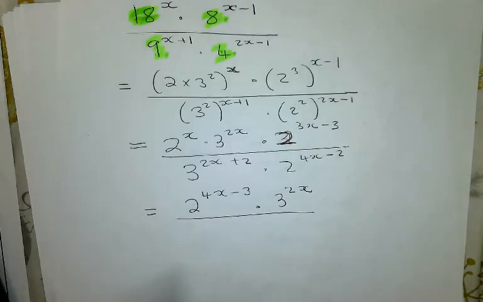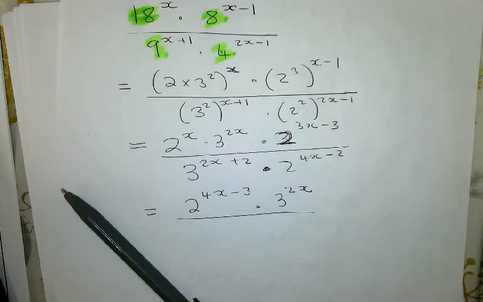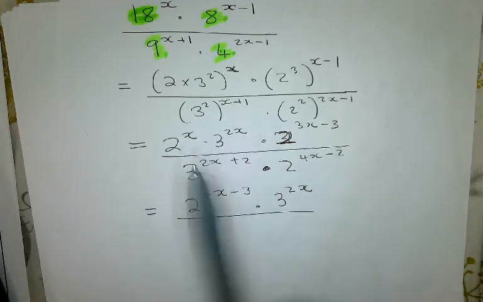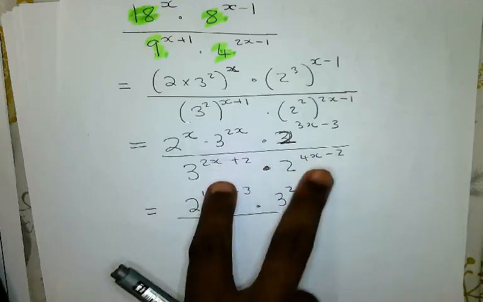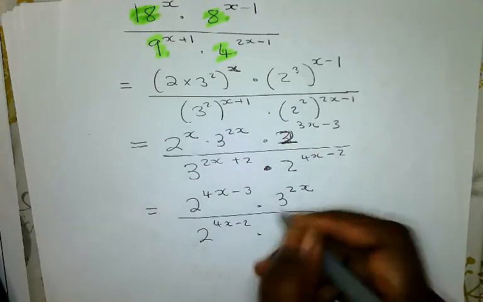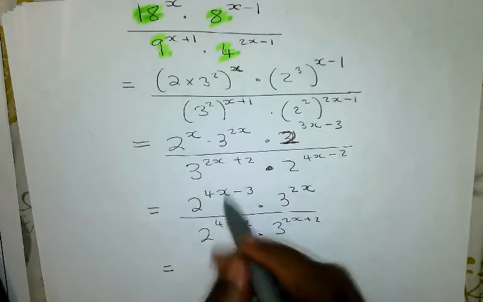Oh, okay, sorry about that. Okay, then commutative law, I can move this. 4x minus 2 and 3, 2x plus 2. So that I'm going to subtract here. 4x minus 3 minus 4x, it's a negative.